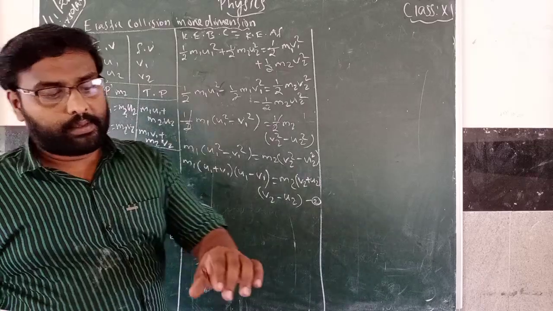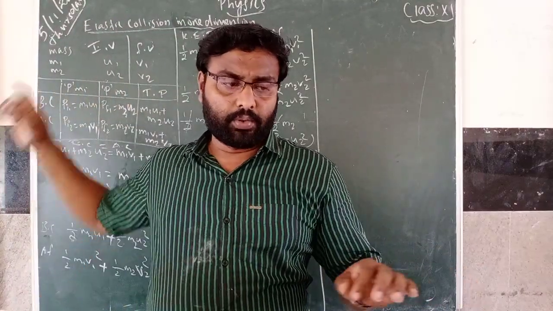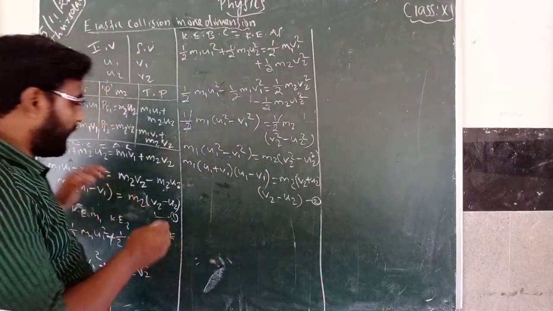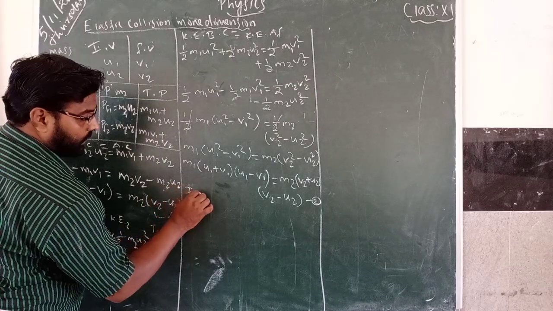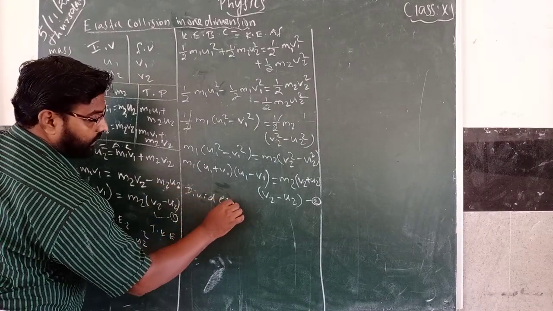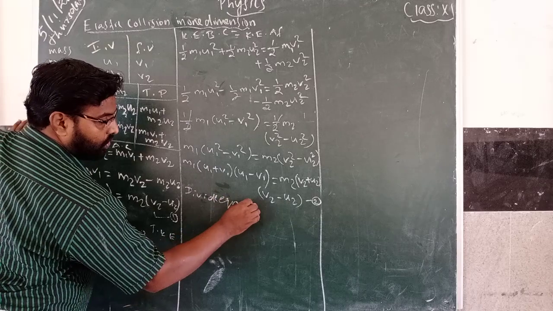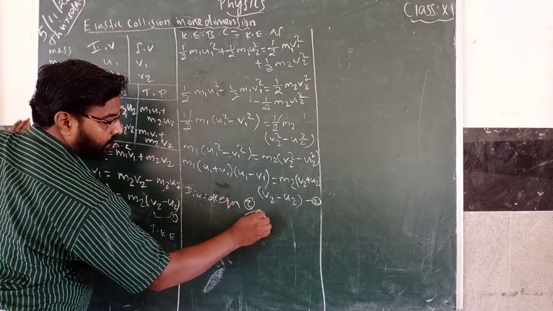Now what you have to do is just divide these two equations. So divide equation 2 by 1.